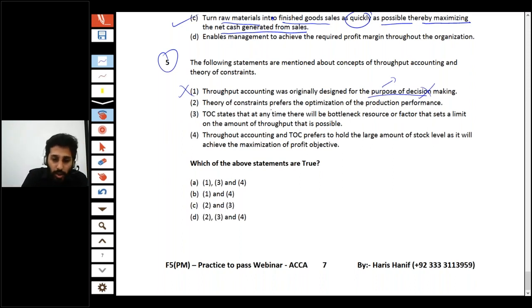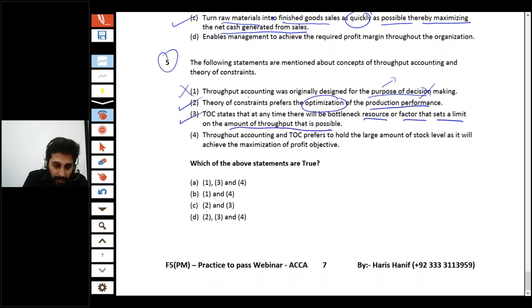Number 2, theory of constraints prefers the optimization of production performance. Yes, your production performance should be optimized as much as possible. You should produce to sell. Number 3, TOC states that at any time there will be a bottleneck resource or factor that sets a limit on the amount of throughput that is possible.